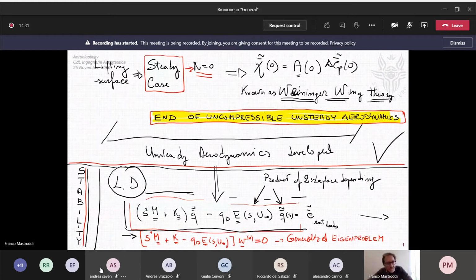We presented this problem as a generalized eigenproblem, and the scope of this problem is to determine in a numerical way the S value such that the determinant of this bracket equation be 0.